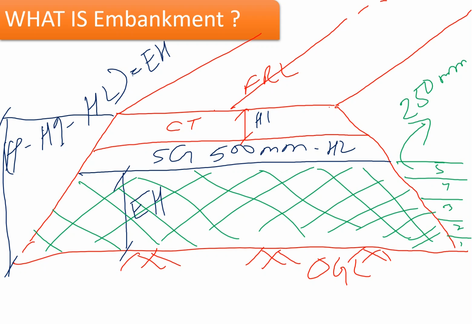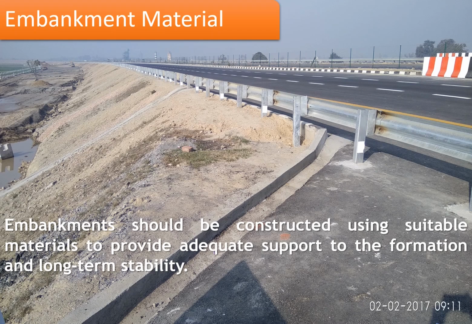Embankments are constructed using suitable materials to provide adequate support to the formation and long-term stability. If you see the photograph, this has been shown from both the left side and the right side, and you can see the difference in level.